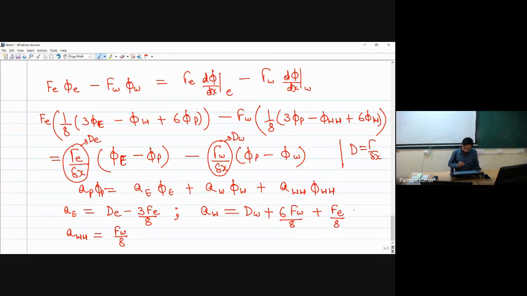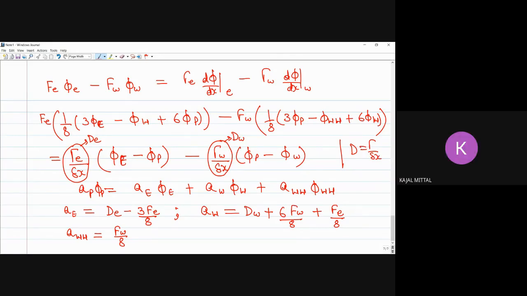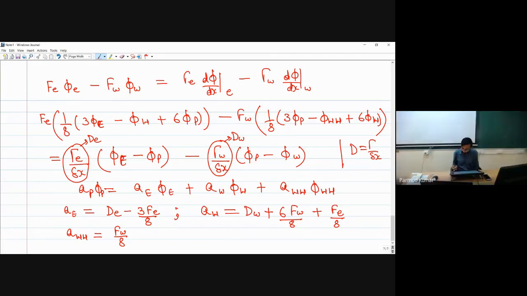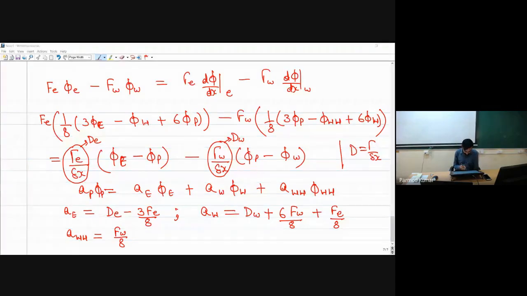Will this FE have a plus sign or minus sign? It's plus. So both FW and FE I am making plus. AWW also you have told me. Now can you tell me about AP? These are nothing but simple algebraic manipulations.